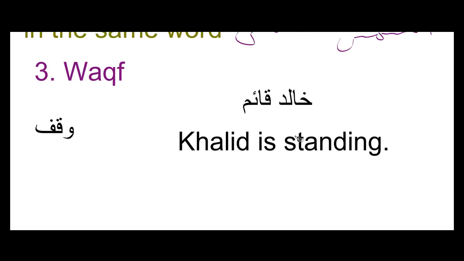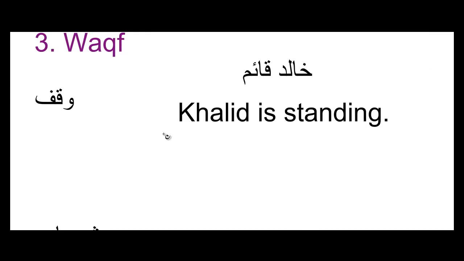And the third topic of today is that of waqf. And what is waqf? Waqf means that I take a word, or I finish a sentence, and I stop at this last word. So I say Khalidun qa'im. And what I've done there when I say qa'im is I've deleted this final tanween, or this final vowel.